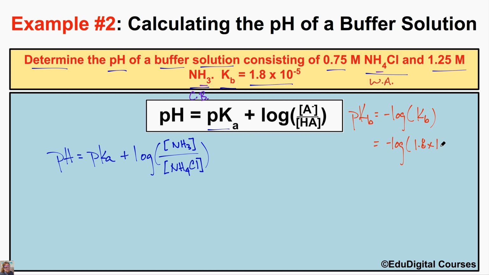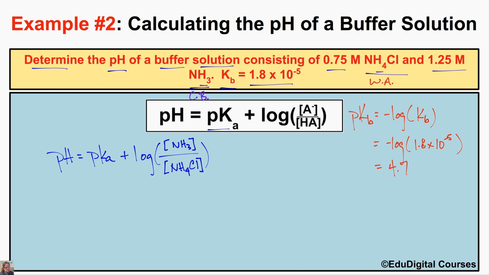And when we put this in our calculator, we're going to end up with 4.7 if we use the correct number of sig figs here. So 4.7 is going to be our pKb.